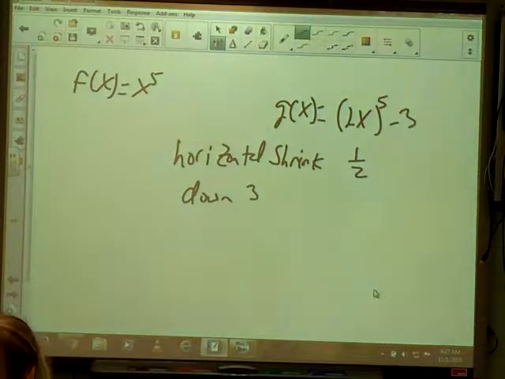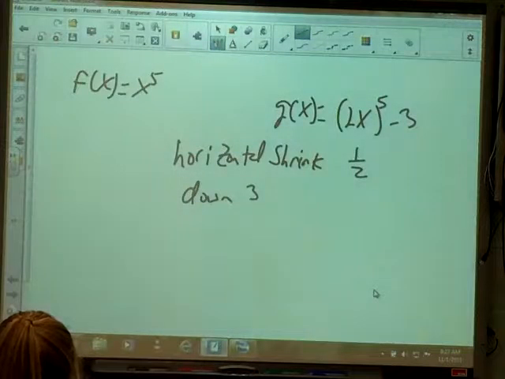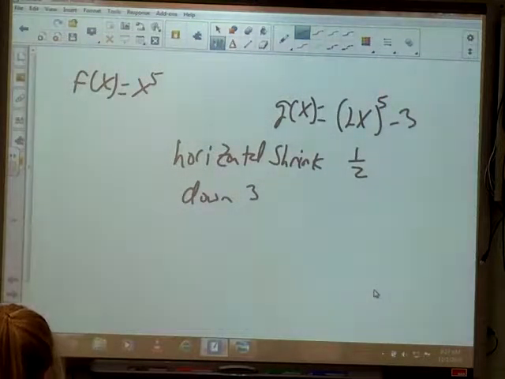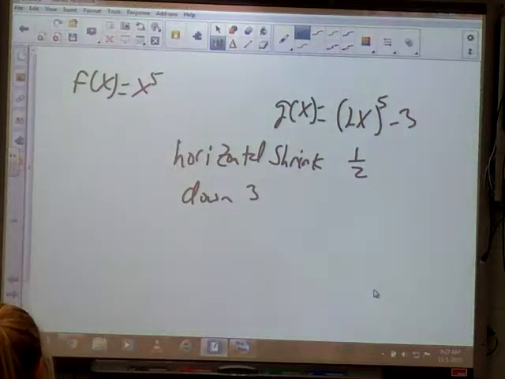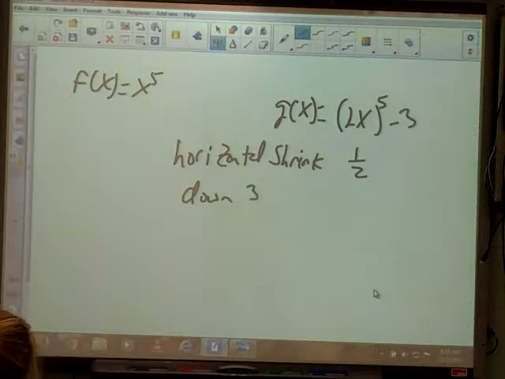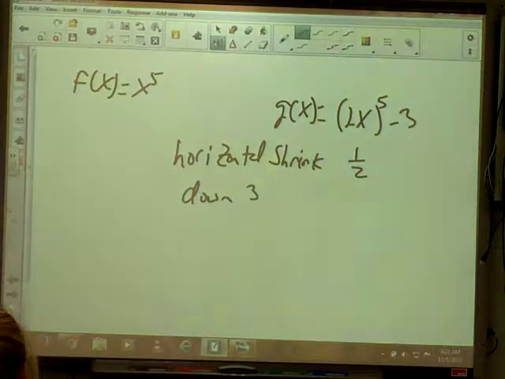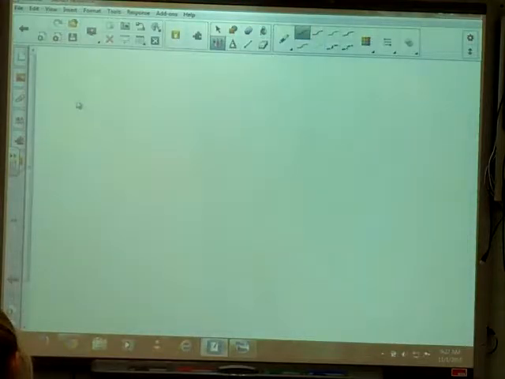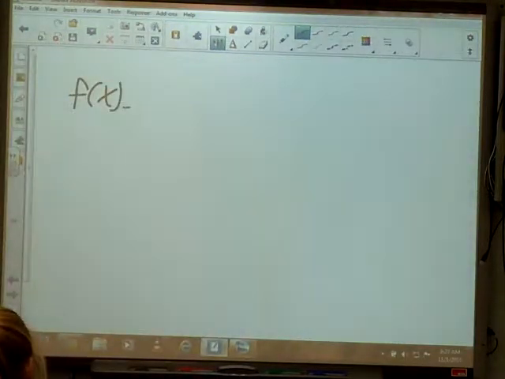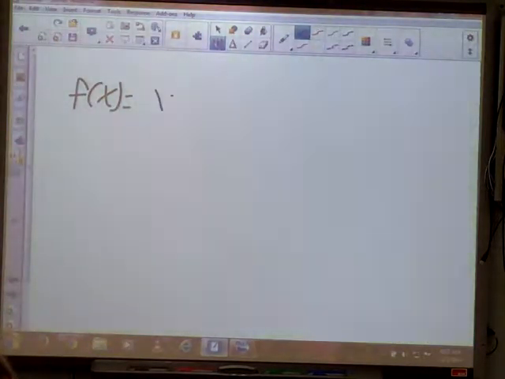Let's see what else we got to look at. Okay, this is just another way of writing something. This one says f of x is x cubed plus x squared plus 1.